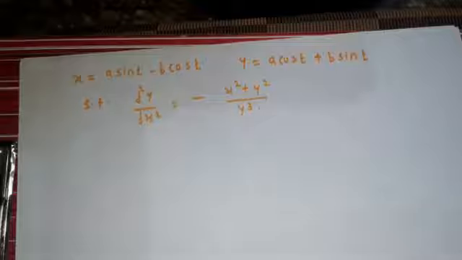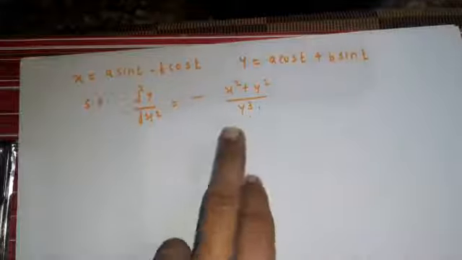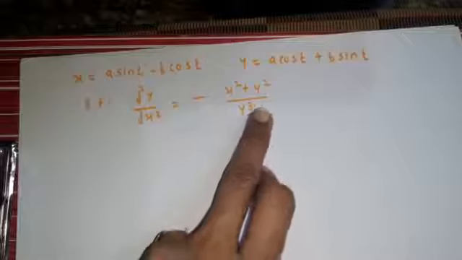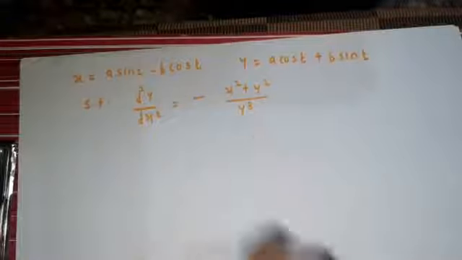X equal to a sin t minus b cos t and y equal to a cos t plus b sin t, then show that d2y by dx square equal to minus x square plus y square upon y cube.